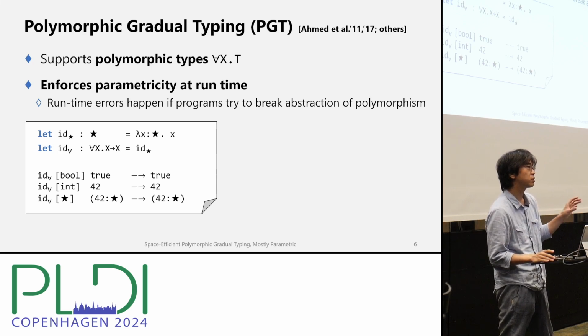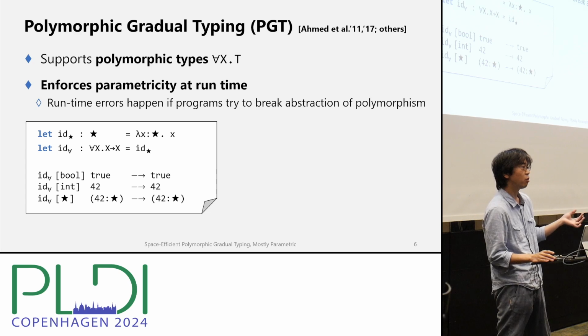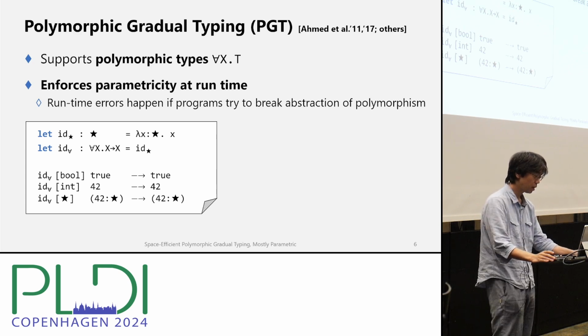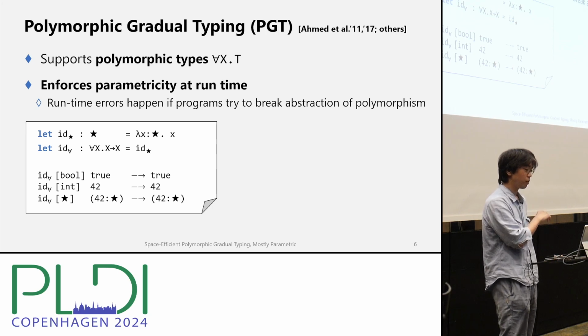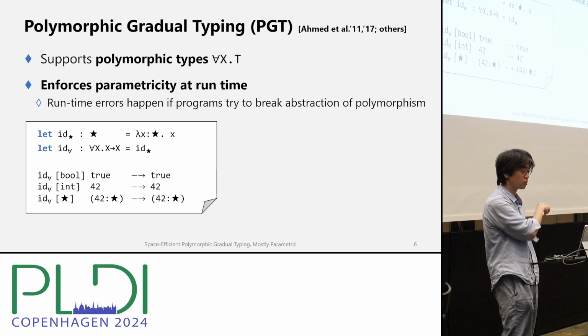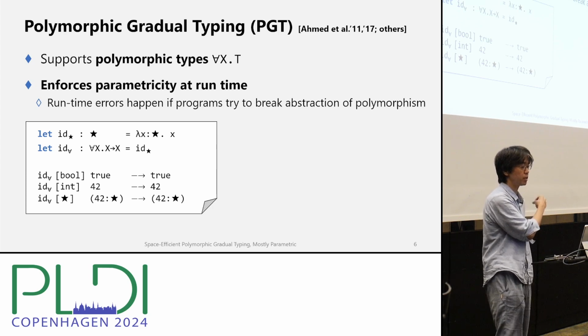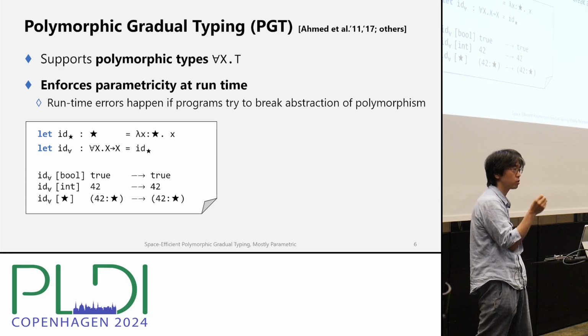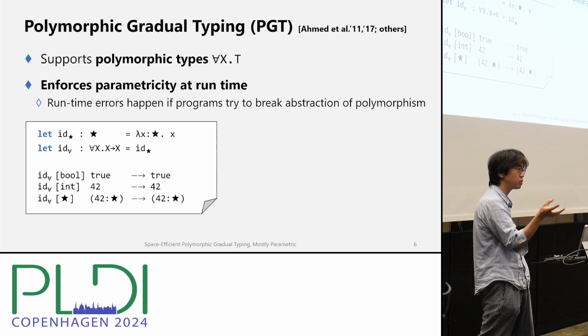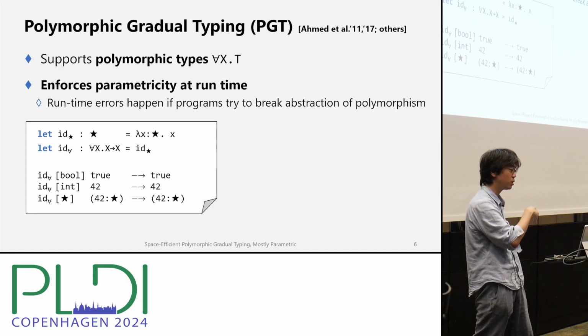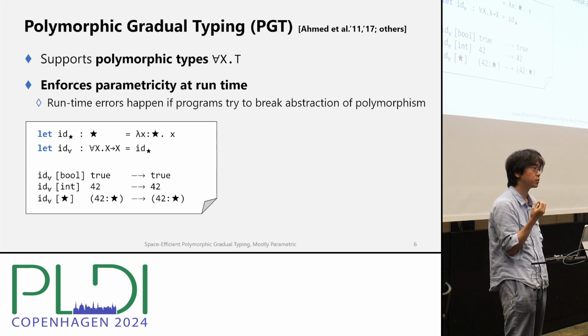It ensures polymorphic values behave uniformly, independent of how polymorphic values are instantiated. And in polymorphic gradual typing, parametricity is checked at runtime. So it means that if programs try to break the type abstractions given by polymorphism, then a runtime error happens.